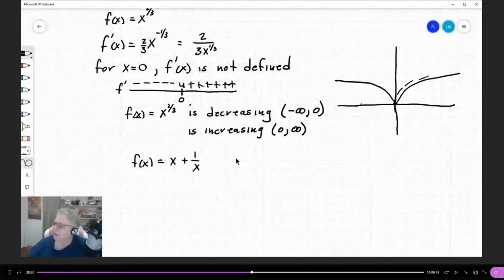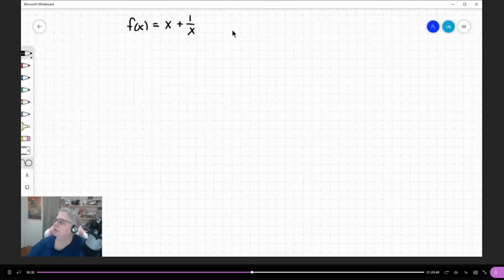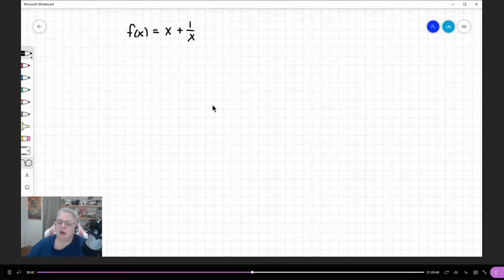I don't have any issues with that. I do have an issue here. This function has a restricted domain, because x can't be 0 here. Essentially, this has a vertical asymptote at x equals 0. So I already know that my function is not defined at that point, which means I can be pretty sure that my derivative is not going to be defined at that point.